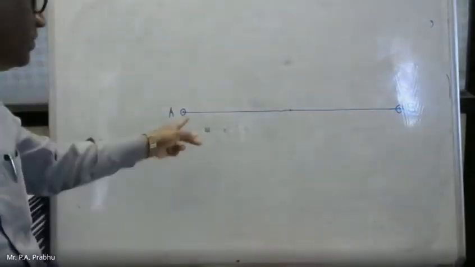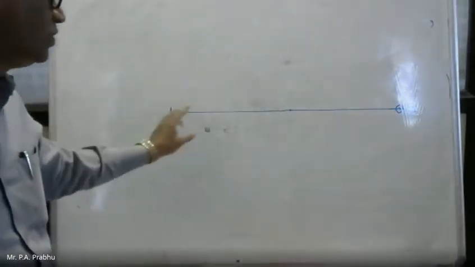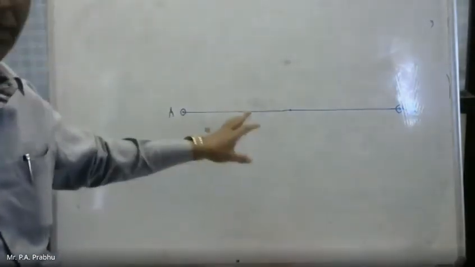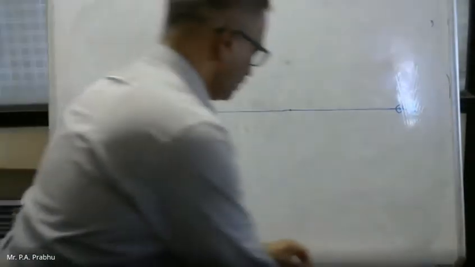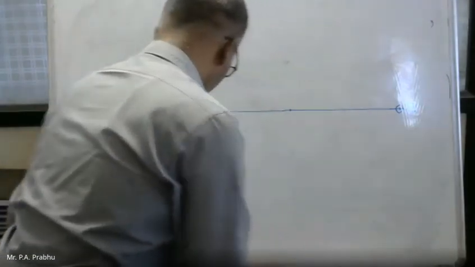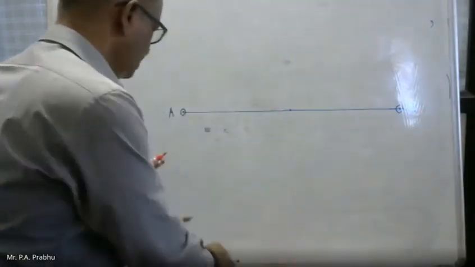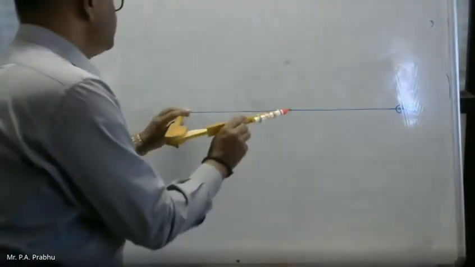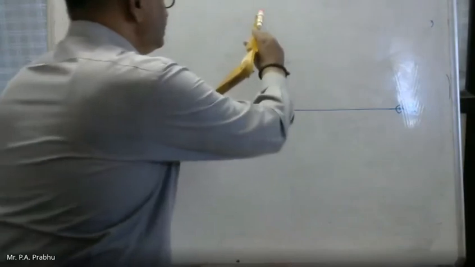Mark its ends with small circles. Then draw its perpendicular bisector. Use your compass. Take a distance approximately greater than its half.